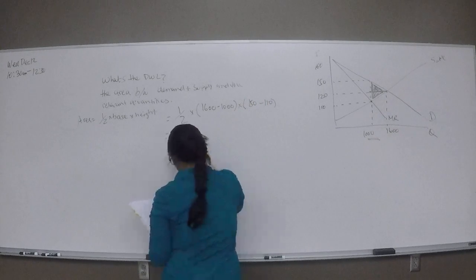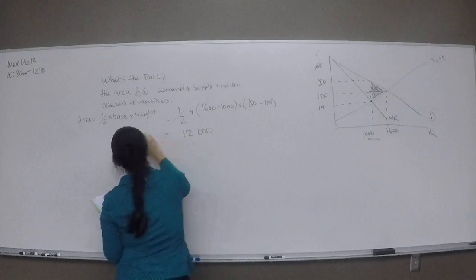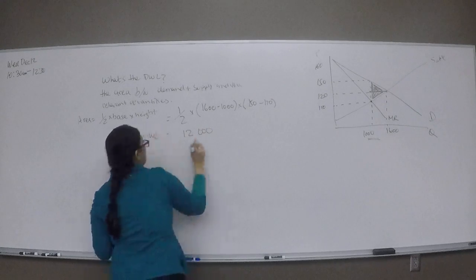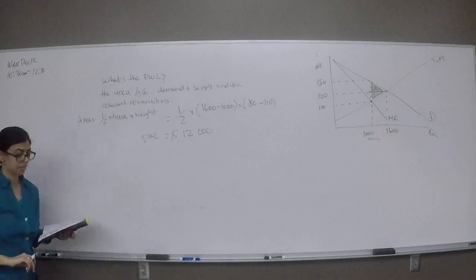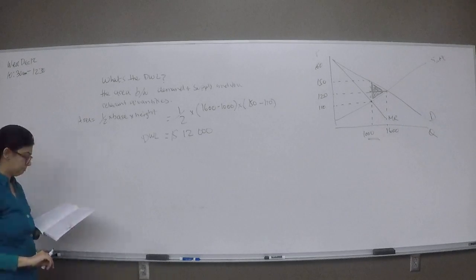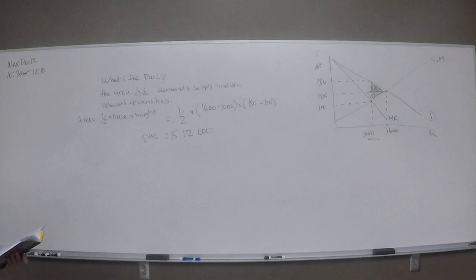That gives you an area of 12,000. So the deadweight loss is $12,000. That's where C and D would be if it was competitive. C and D, the area, right? From the last graph? Yeah.